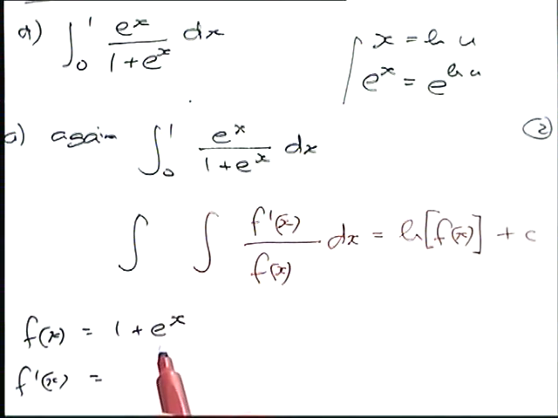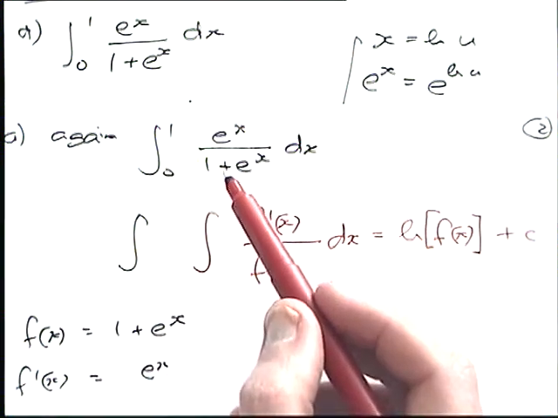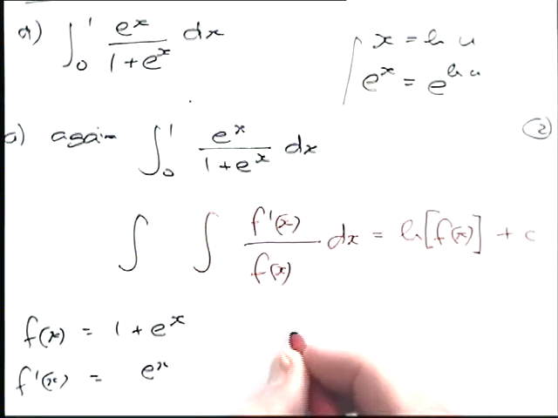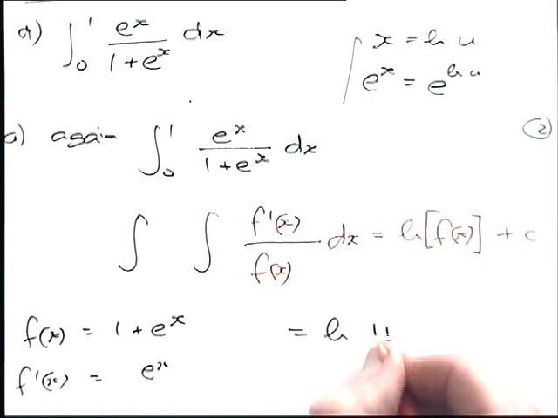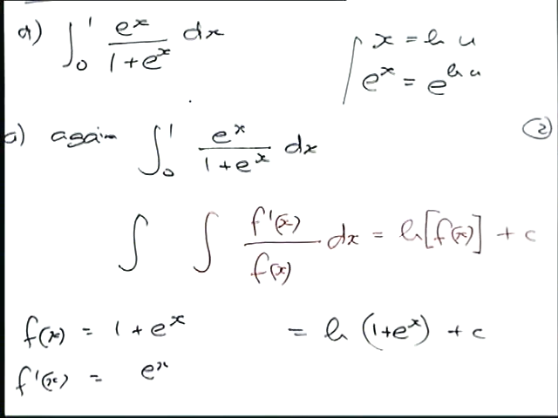What do you get when you differentiate e to the x? E to the x. So it does fit this rule up here. The top is the derivative of the bottom. So you can just go straight to this answer over here and say, fine, well in that case the answer is just going to be log of f of x. So there's the answer. And you can just write it down straight away like that.